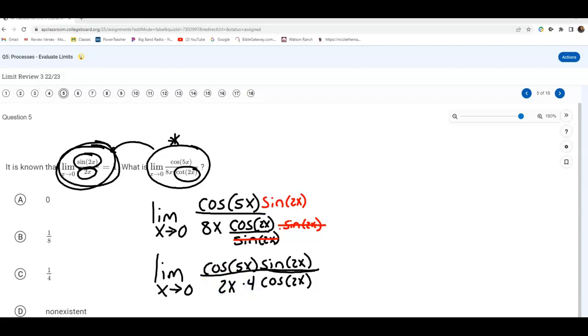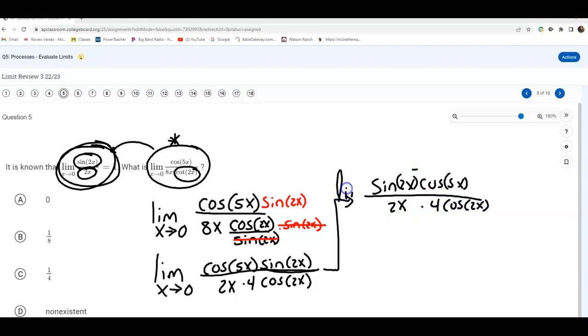So now what I can do is I can think of this as sine 2x times cosine 5x over 2x times 4 cosine 2x.